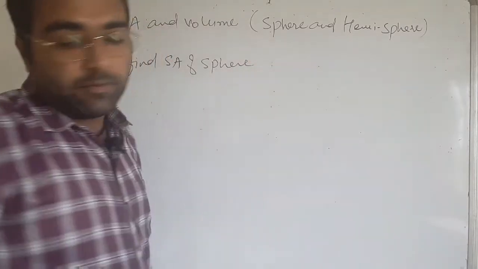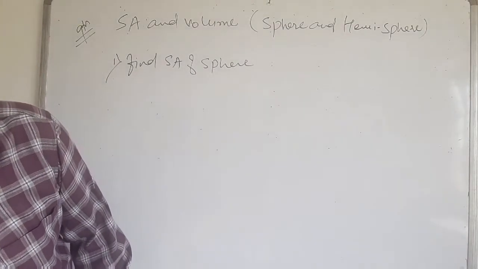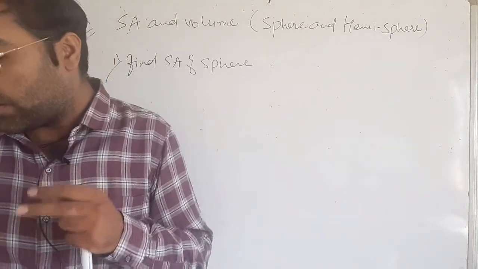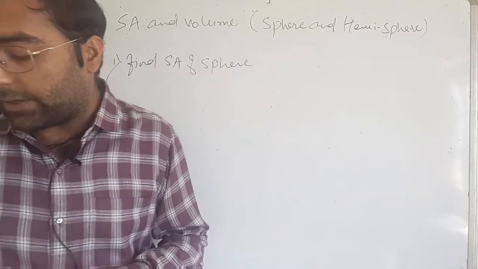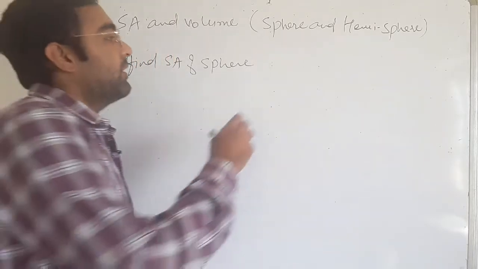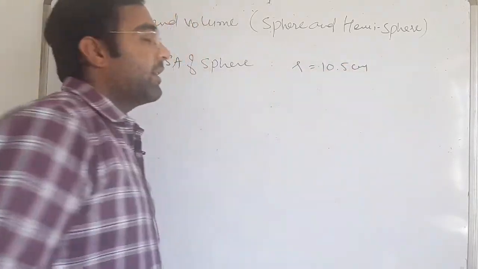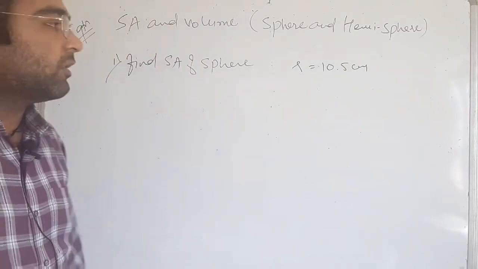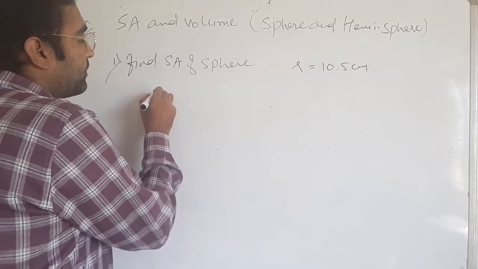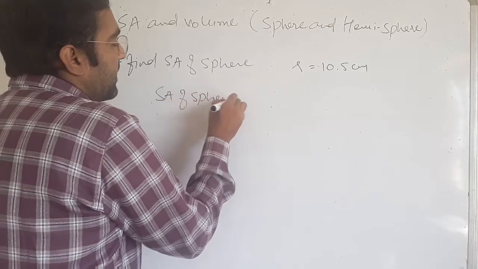The radius is given as 10.5, and I'll give another related question in the homework. So the question is: the radius is 10.5 centimeter. As per the surface area of the sphere, the surface area of the sphere is 4 pi r square.